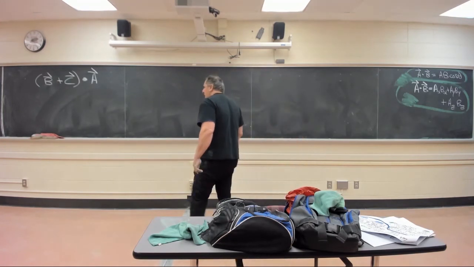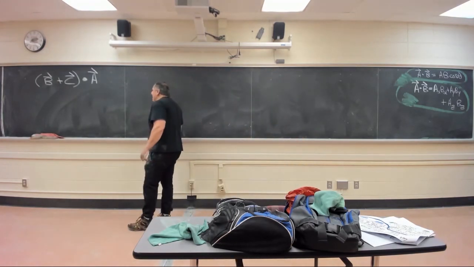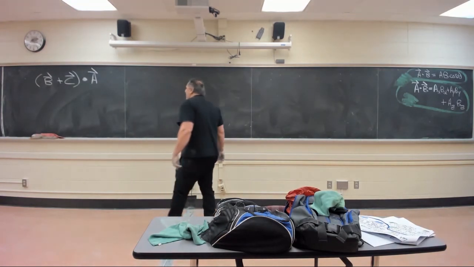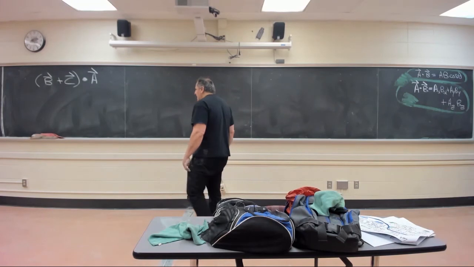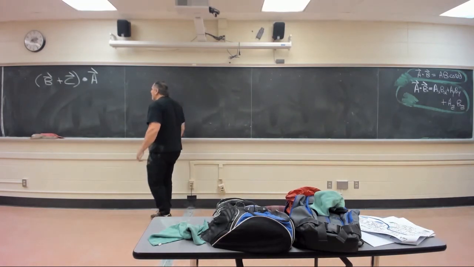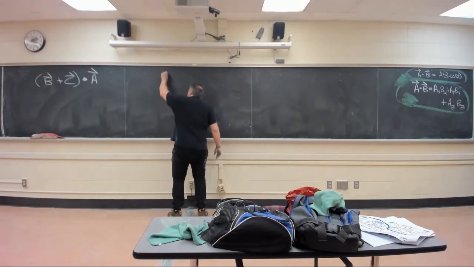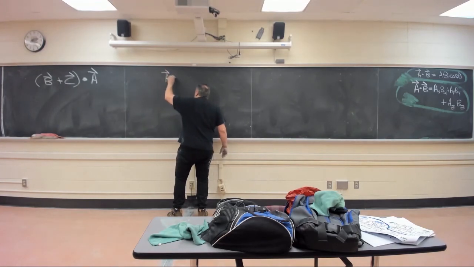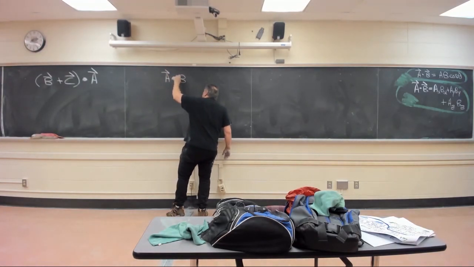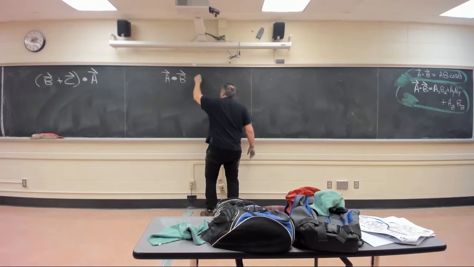There are a number of ways you can go here. Here's one way, and it's pretty quick. I think this is Munem and Foulis again talking about this, and I'm sure other mathematicians have talked about it as well.